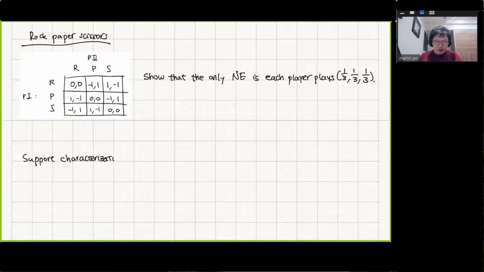Support characterization comes from the linear programming formulation of the mixed Nash equilibrium, the best response function.